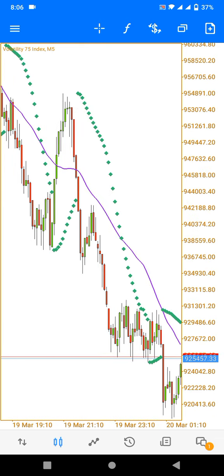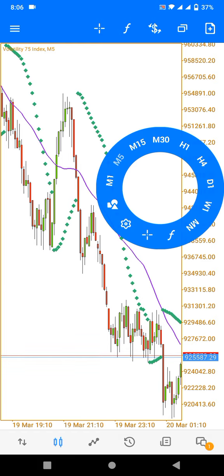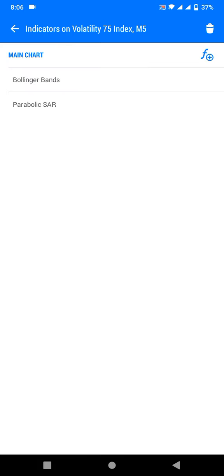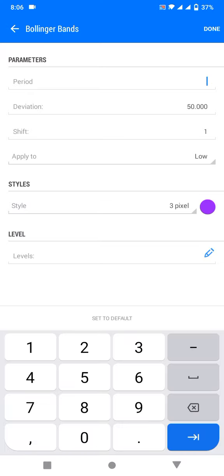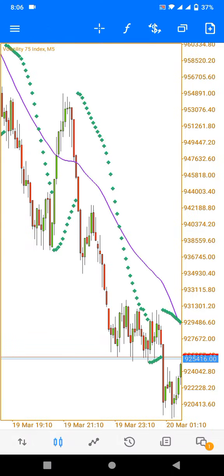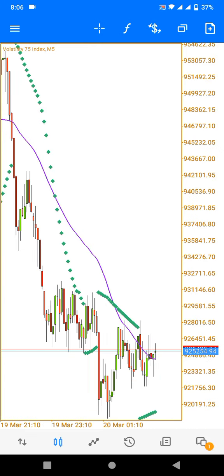The same way you enter, you can make some changes in the strategy: make it 50 and make it 200, and change it to 0 and click on done. Now your strategy is here in front of you guys.